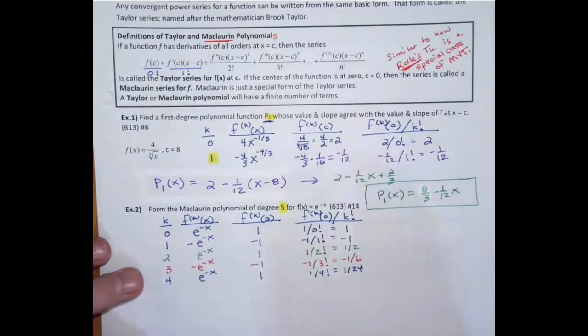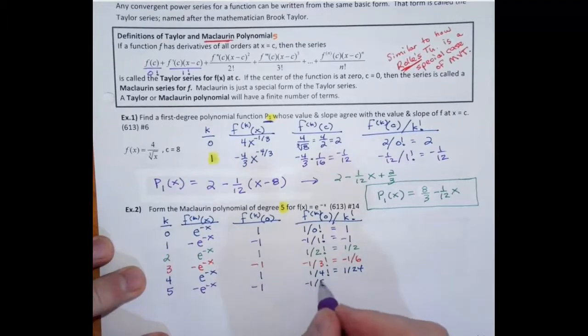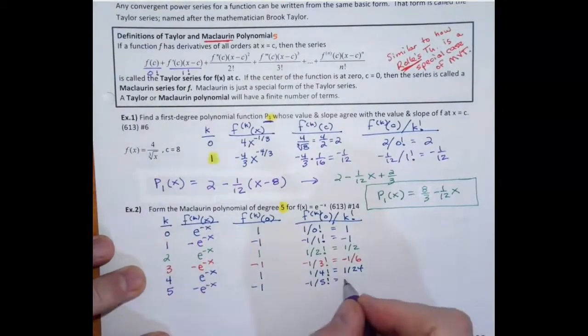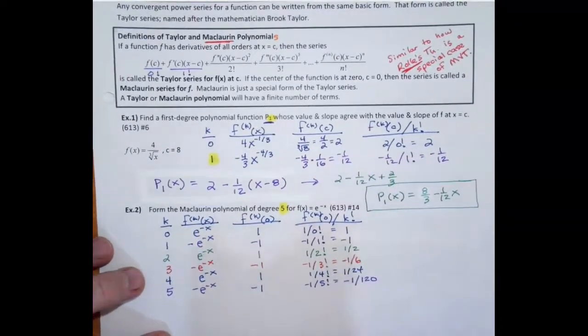And then we just have 1 left here, so that's going to be the 5, which I was going to highlight before, and negative 1 divided by 5 factorial. So that's going to be that times 5, which is 120. And now we have all of the pieces that we need, kind of the coefficients there.